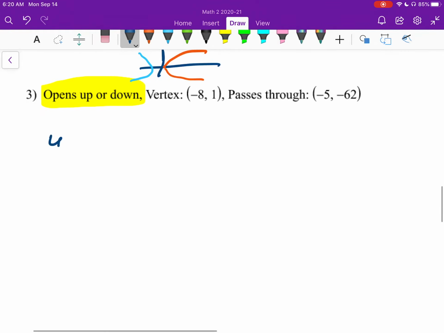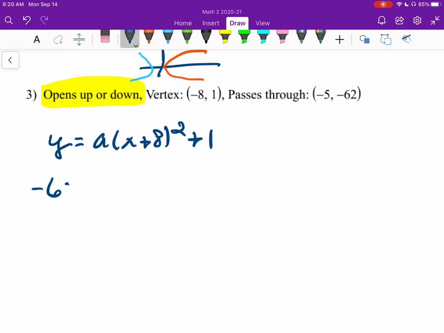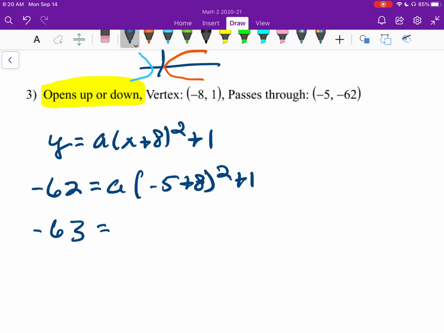So again, we get y equals a(x plus 8) squared, and then plus 1 at the end. So I get negative 62 equals a(negative 5 plus 8) squared plus 1. We'll make this a negative 63 equals, I think that's going to be a 9a.